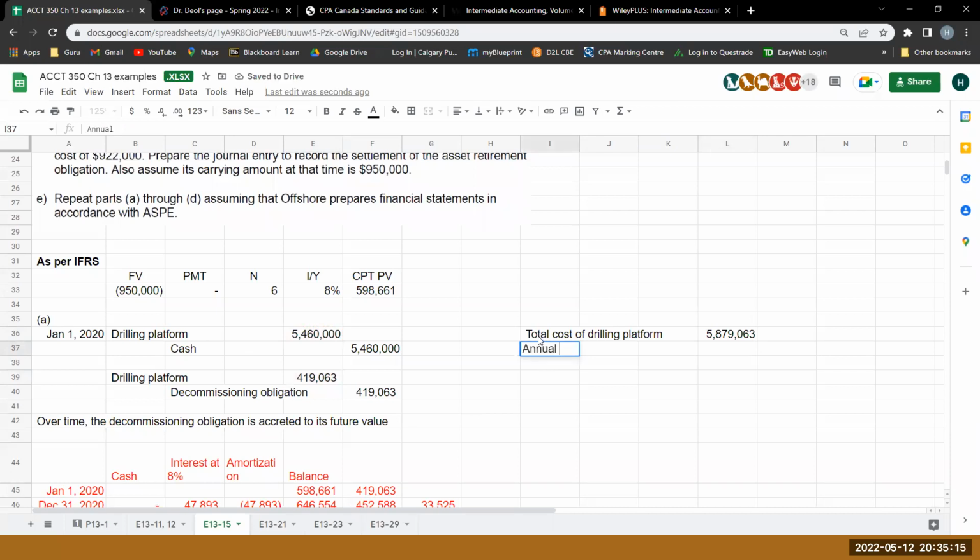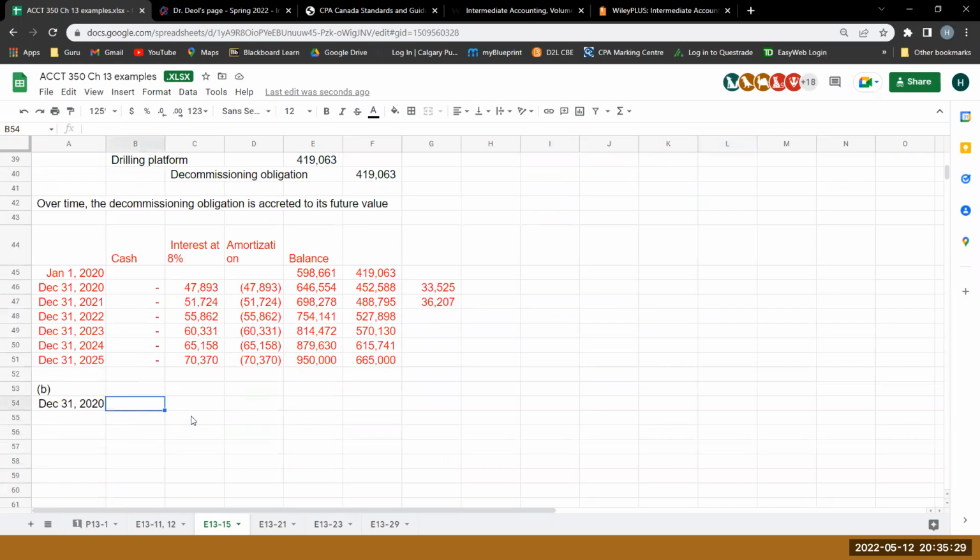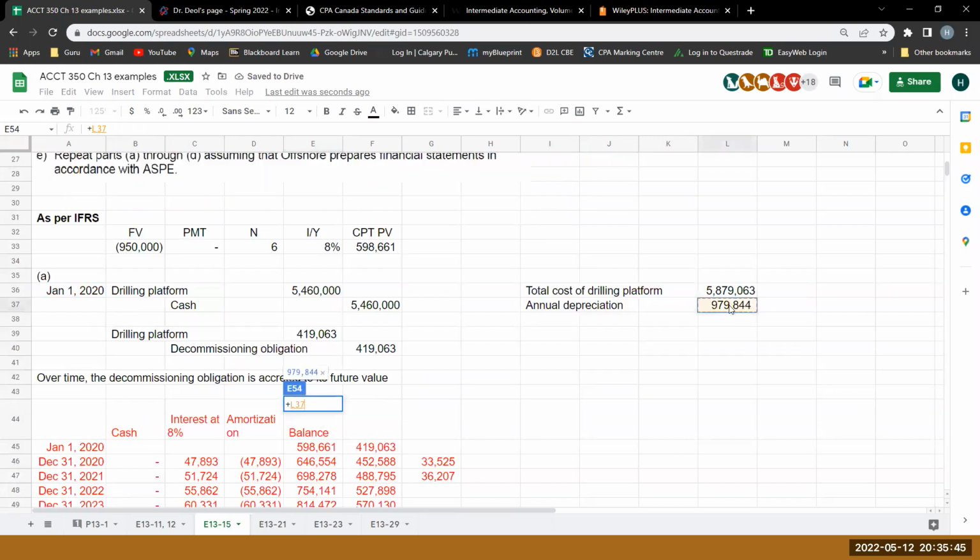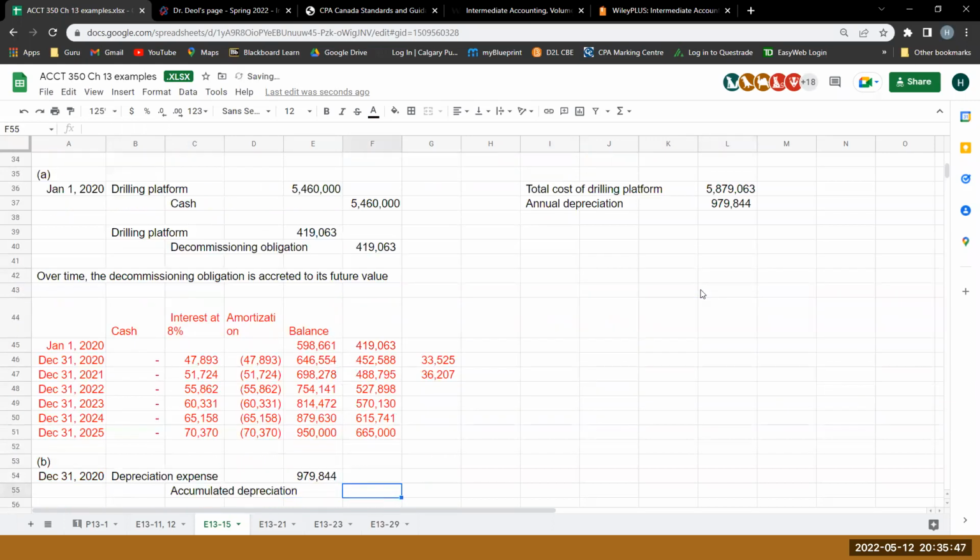So annual depreciation, because the useful life is 6 years, works out to 979,844. So that is what you're going to record here. Debit depreciation expense, credit accumulated depreciation, for the drilling platform, depreciation is 979,844.